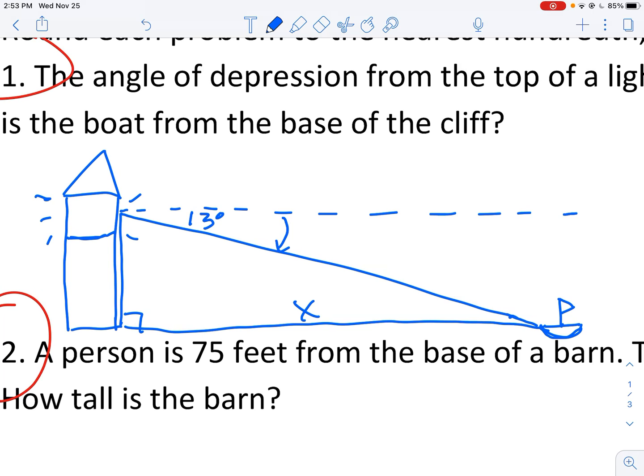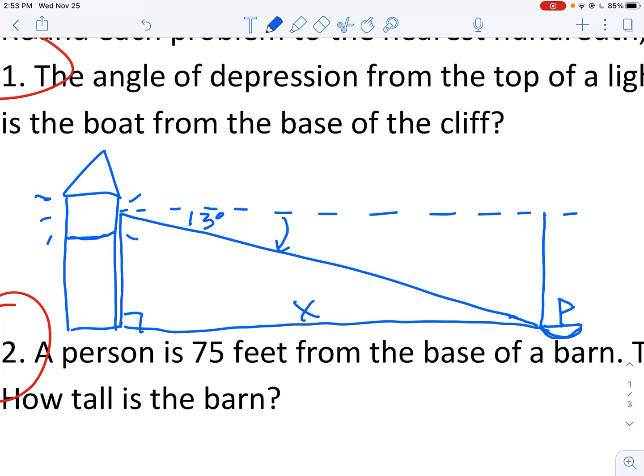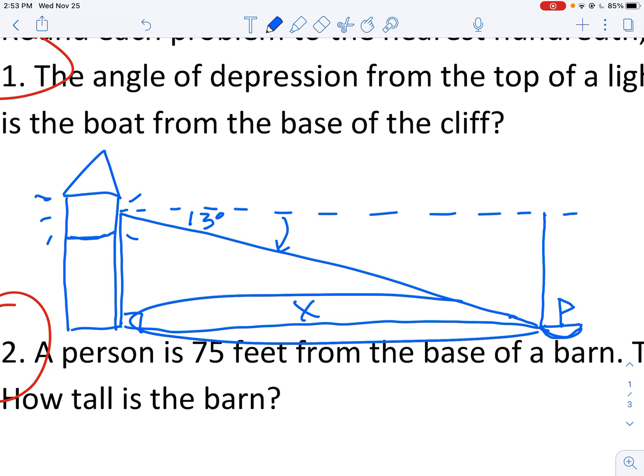Luckily, and you saw this when we started out, this still makes a triangle, but it's just not along the base. Luckily, this length here and this length are going to be the same. And so that's why at the beginning my triangle was up here. It's because I knew that I was going to use that triangle, and this length will be the same as this length. It makes a lovely rectangle. So this is going to be my new triangle up here, and this length is still x.